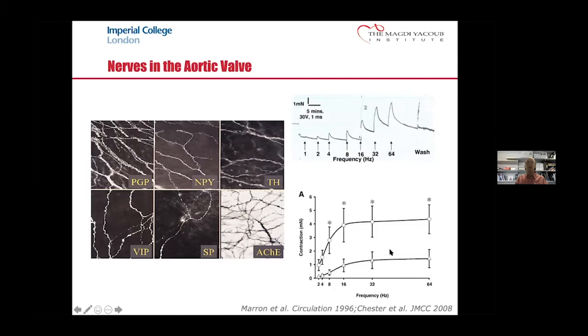And these were inhibited by a blocker of neuronal transmission, namely TTX. You could also see, although not shown on this slide, relaxations to neuronal stimulation, which turned out to be due to nitrergic nerves releasing nitric oxide.